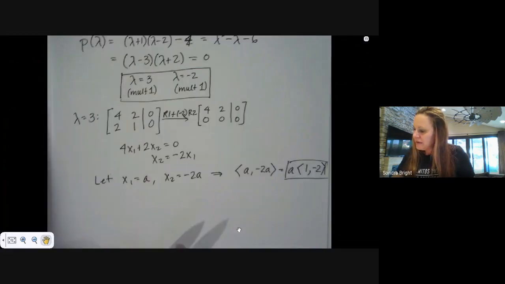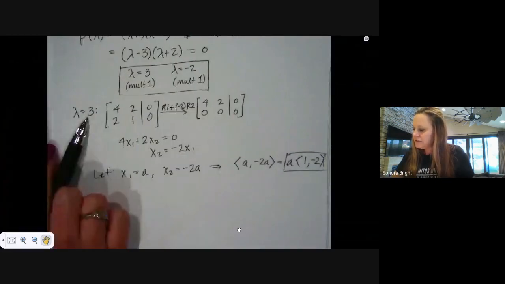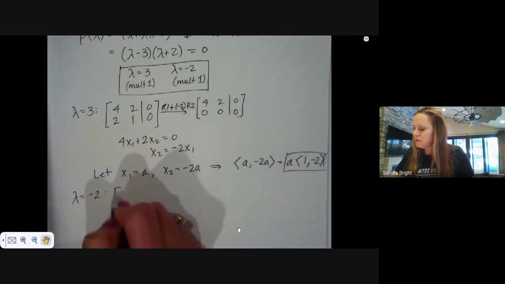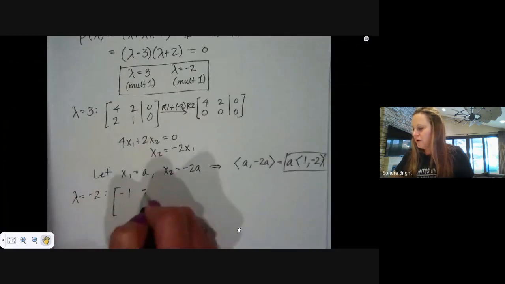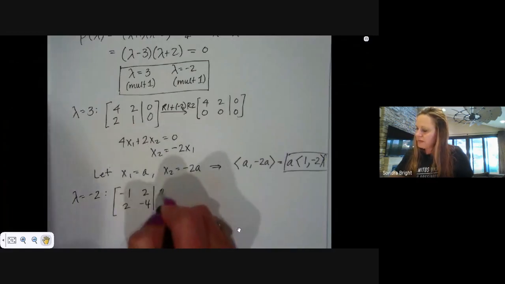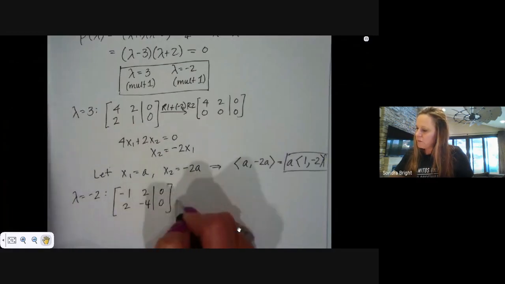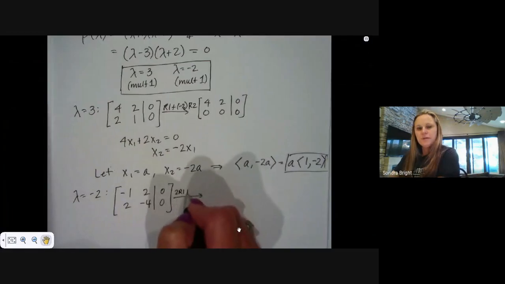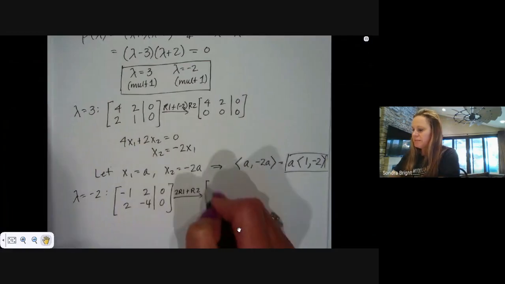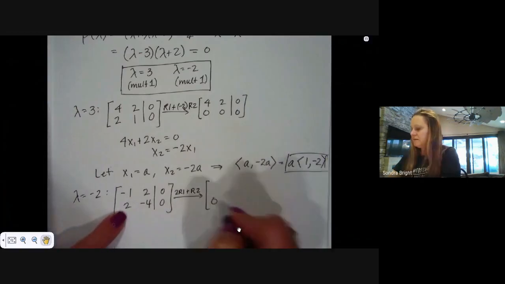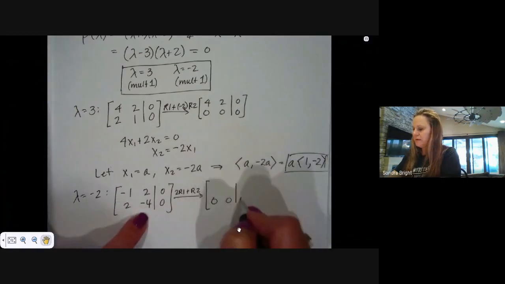We'll do the same thing with lambda when it's -2. Plugging that in, you'll get a -1, a 2, and a -4. And then for this one, I would do 2 times row 1 plus row 2, which would be -2 plus 2 is 0. 4 plus -4 is also 0. Well, isn't that nice? -1, 2, 0.